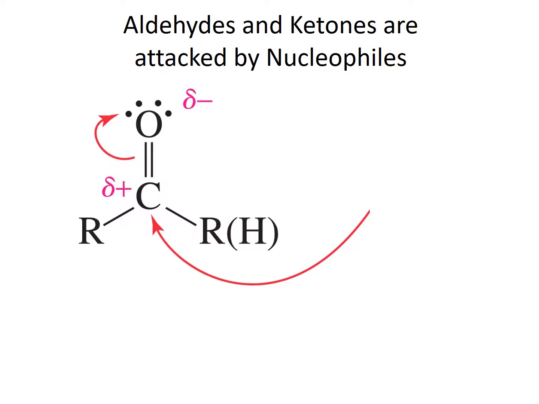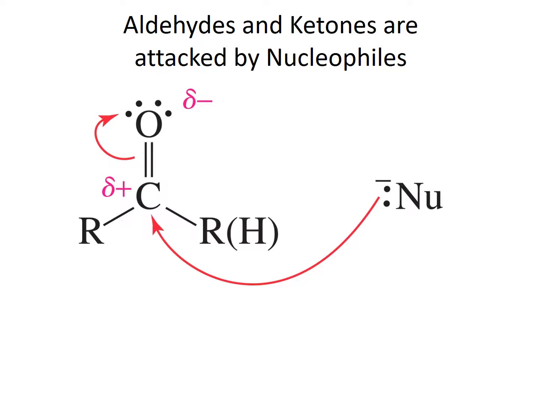The reactions that aldehydes and ketones undergo are unique in that we haven't seen anything like this before. Why are these reactions so favorable? If we think about the bond between carbon and oxygen, we know that oxygen is holding on to those electrons more, meaning that we have not a full carbocation, but enough positive charge on this carbon to make it electrophilic, meaning a nucleophile with a lone pair or negative charge will be able to attack at that carbon, pushing electrons out onto the oxygen.